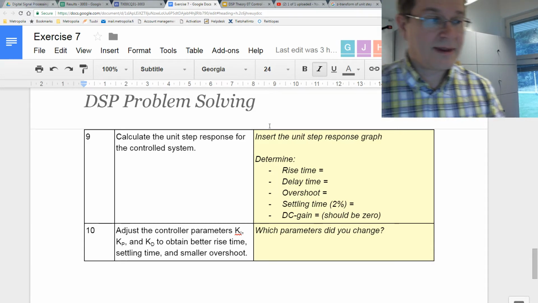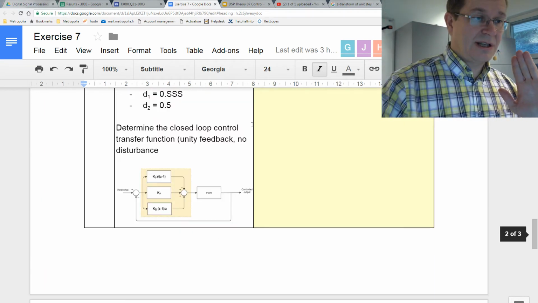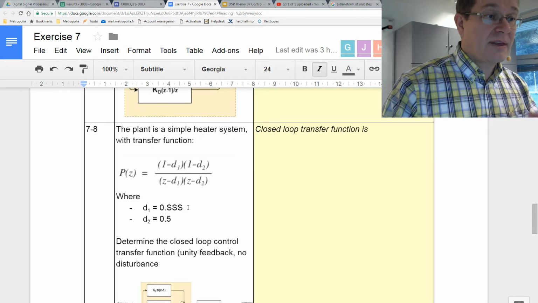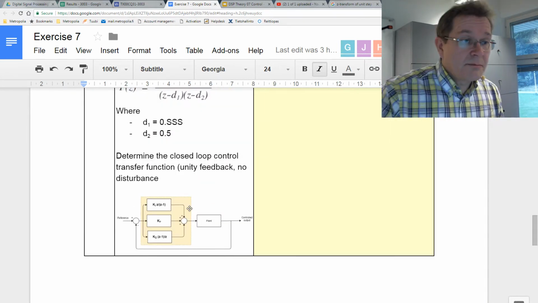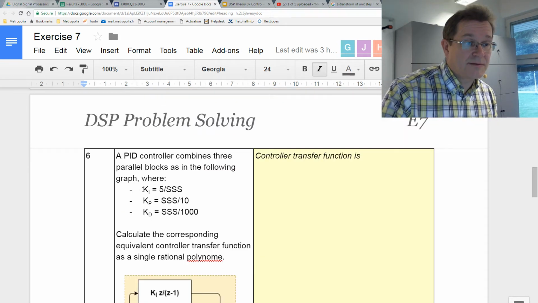Okay, and finally, my suggestion is that when you do this analysis, finally you will start filling these values.